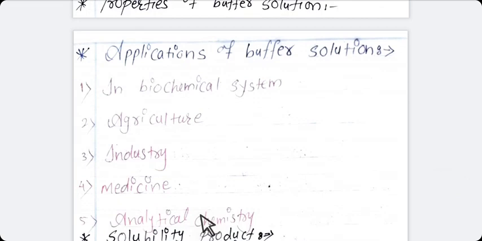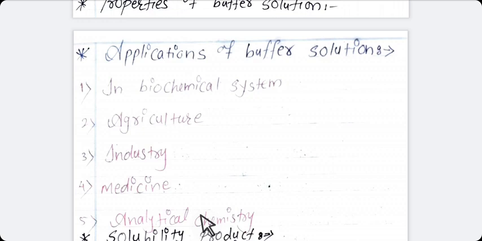The next is analytical chemistry. In qualitative analysis, a pH of 8 to 10 is required for precipitation of cations of the 3rd group.